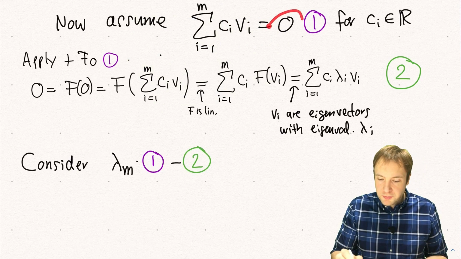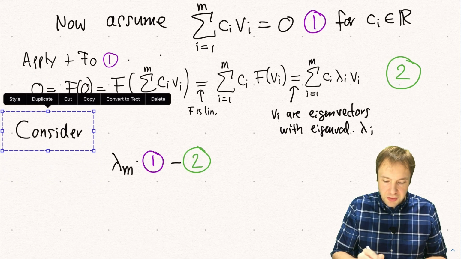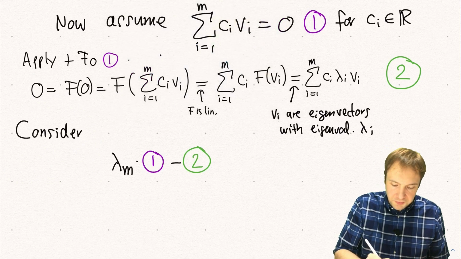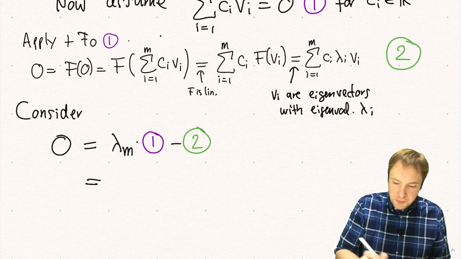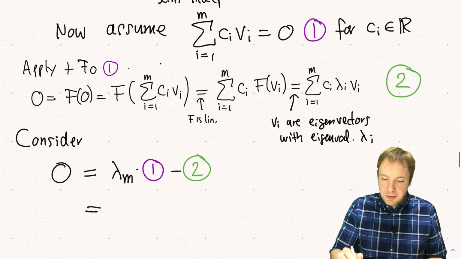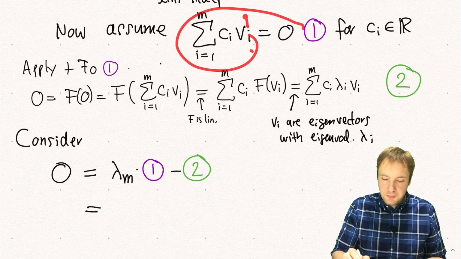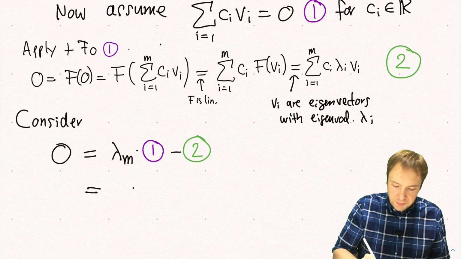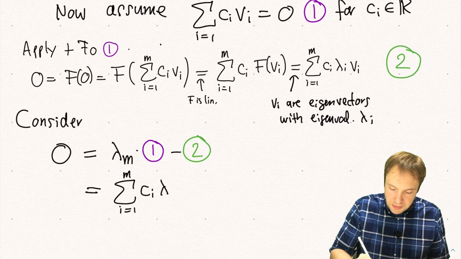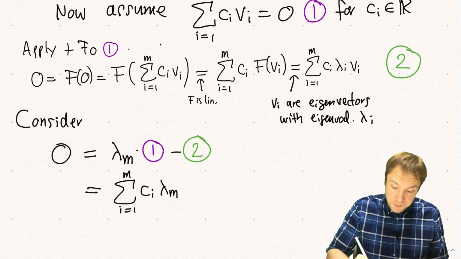Both equations are 0, so this is 0, but this also equals, if I plug in the sums, the sum i goes from 1 to m, ci, where I multiply everything with lambda m, vi.